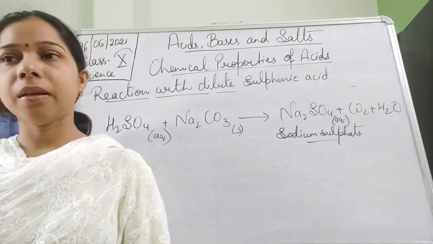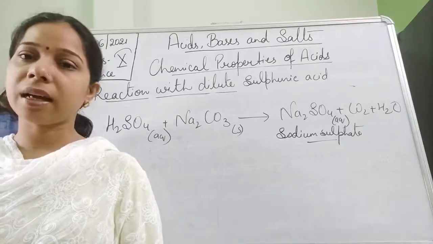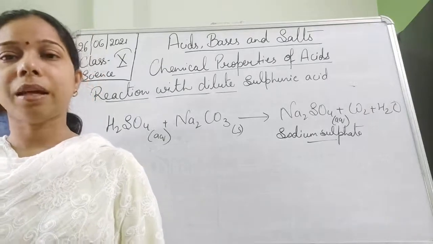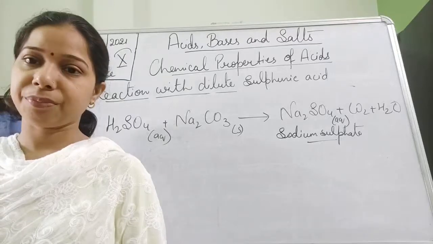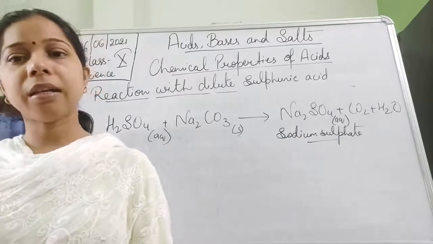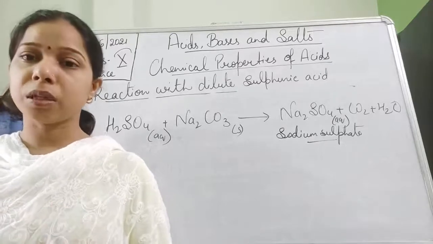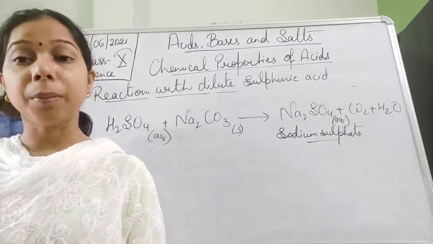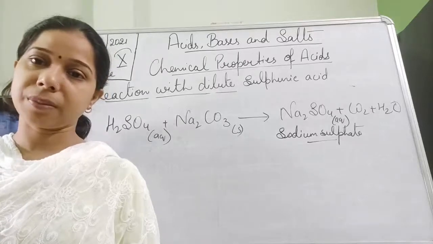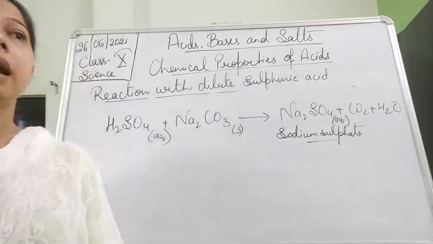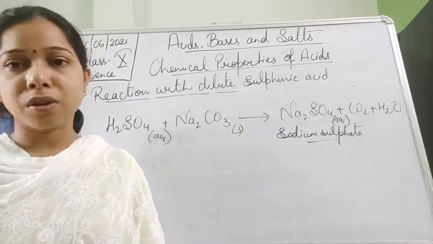Basically, the hydrogen gas can be detected with the help of a burning splinter. When we take a delivery tube and pass this gas into a soap solution, you will find that bubbles start coming out of it. And these bubbles tell us that a gas is evolved.